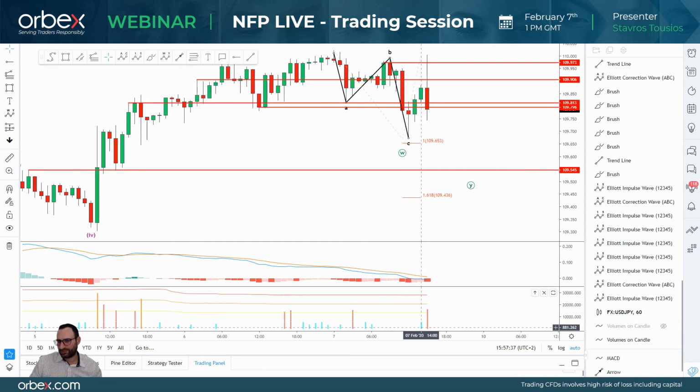Volumes again, not much, just dry, purely on take profit. And now what we really want to see is prices closing above 109.815 to at least get an idea of some short-term bias, which is going to be in this case to the upside.